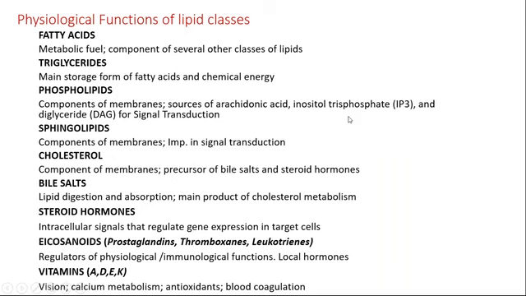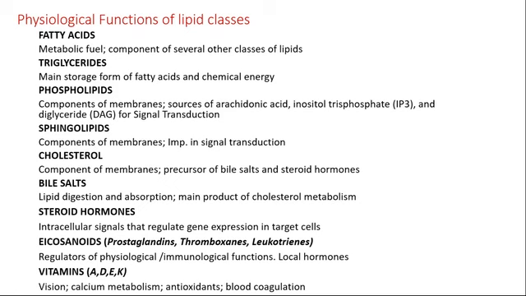Then what are the physiological functions? Lipids have two functions. One is the physiological function and the other is their role as dietary fat and oils. The fatty acids in the human body are components of several classes of lipids, and they are used mainly as metabolic fuel.